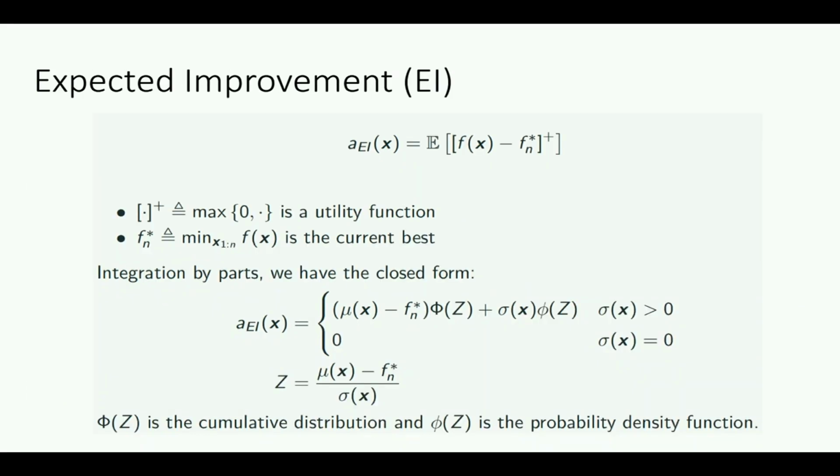All right, so the next acquisition function is expected improvement. Instead of calculating the probability, you directly marginalize on this estimated distribution, and you compare whether after marginalization the mean is better than the current best observation.